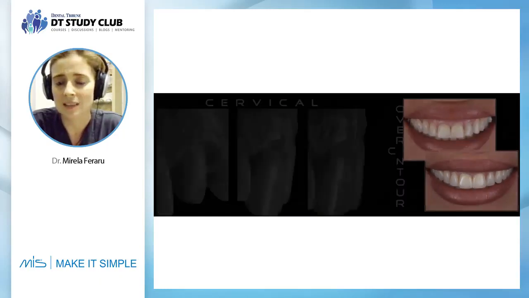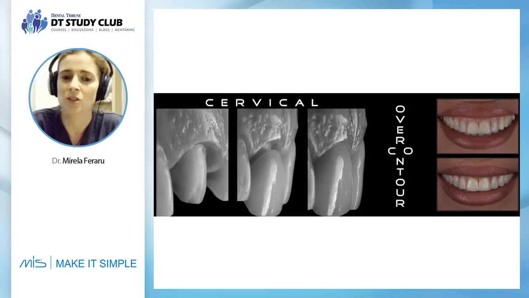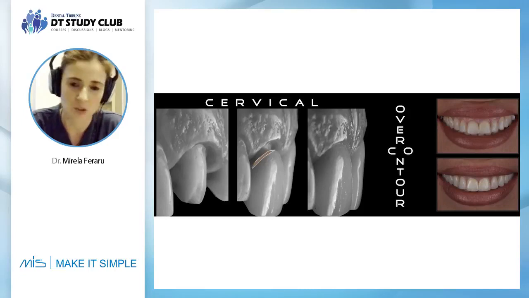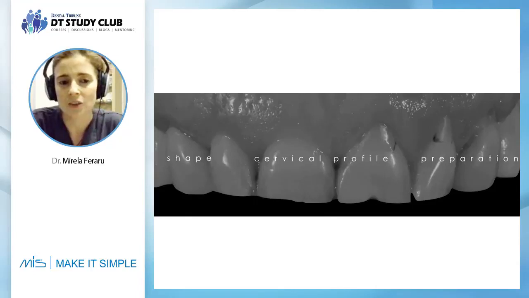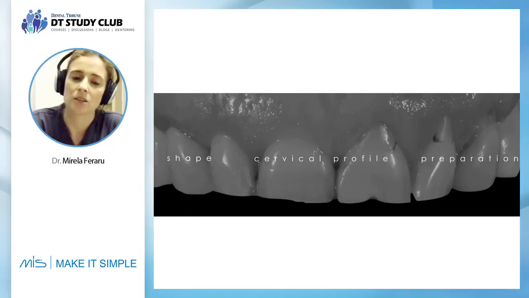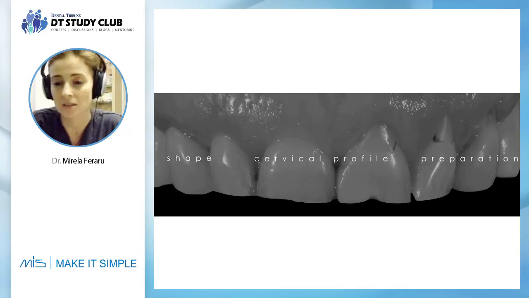We just slightly increase the contour, and again, this is possible only in the situation that we know that the soft tissue will be able to adapt and not cause any irreversible changes in the positions of the soft tissue margins. So we understood that there is a correlation between the specific shape, the cervical profile of our restorations, and the preparation in terms of the design, which type of preparation, and also the position of the preparation related to the soft tissues.